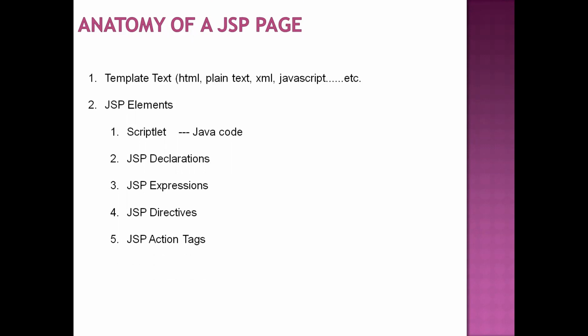In JSP we have some predefined tags, and we call those action tags. Other than predefined tags, JSP gives the user flexibility to create his own tags by using custom tag libraries. Those we call custom tags. These are all the JSP elements. Other than these JSP elements, any content you write comes under template text.